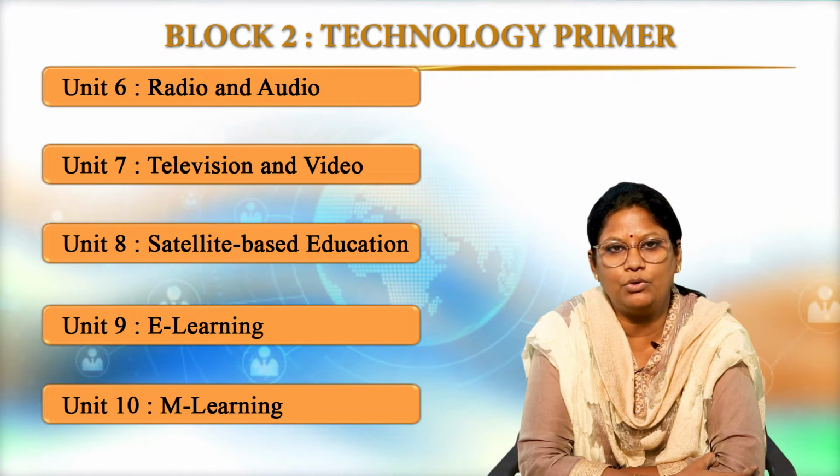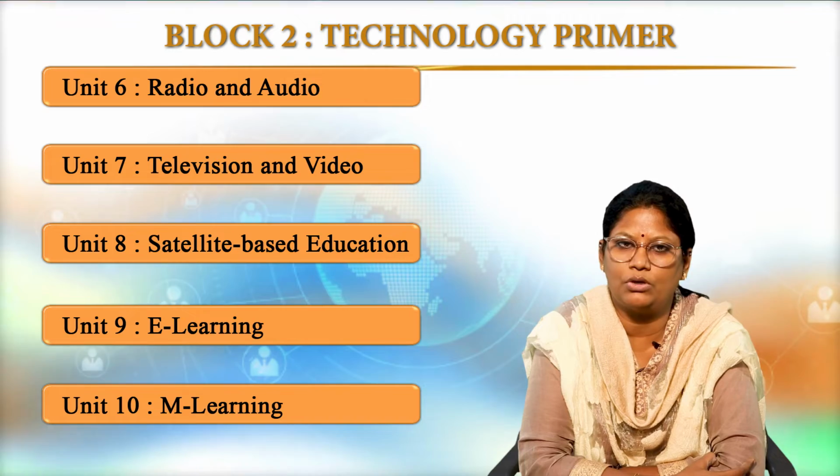So, select any one of these technologies, go through it, and analyze which technology is suitable for your course which you have selected in learning activity 1. Select the appropriate technology which is suitable for your course, analyze it, and present the strength and weakness of that particular technology in this document.